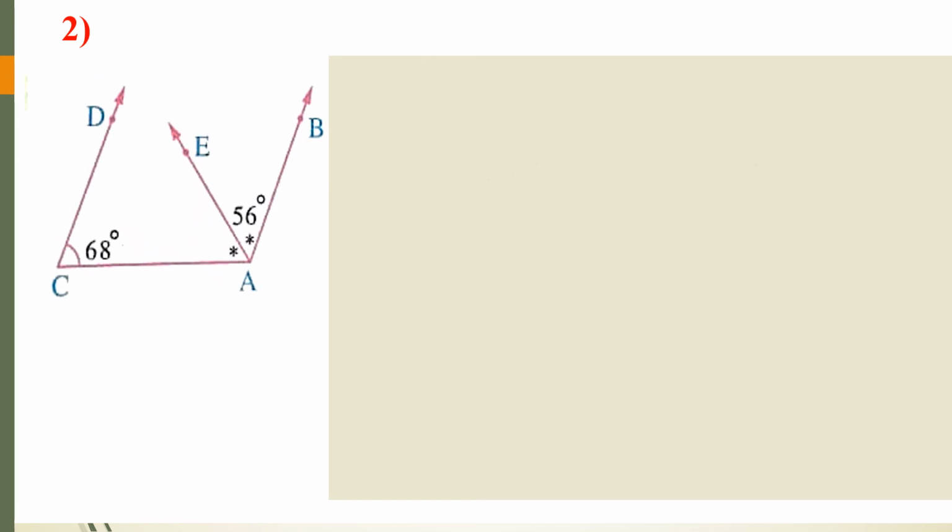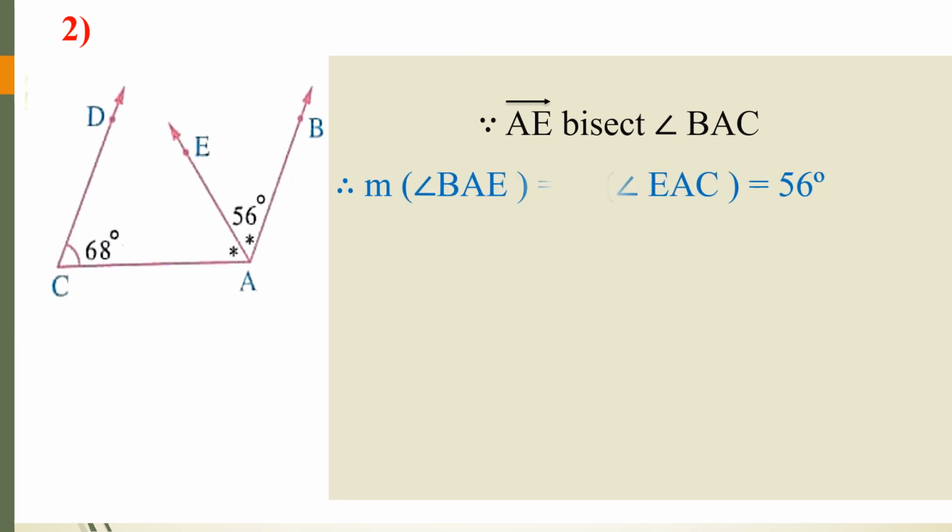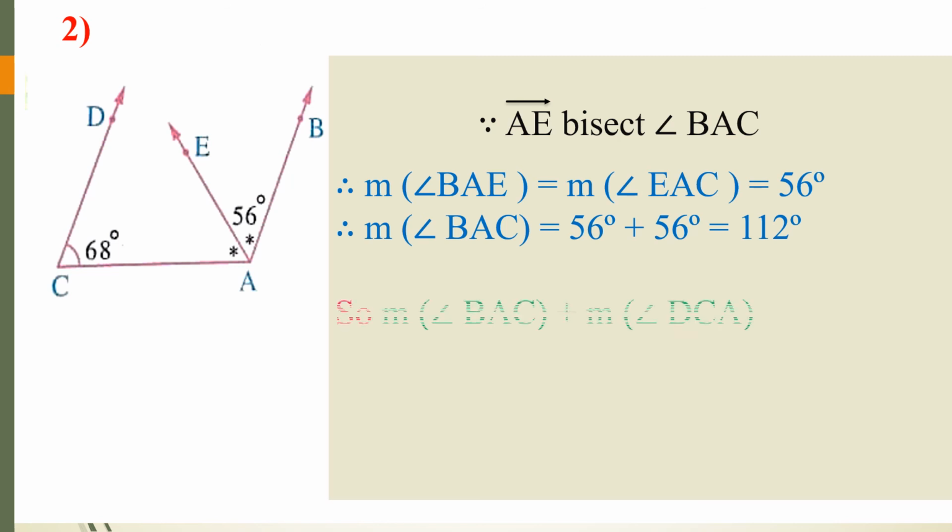Exercise number 2 here. Since AE bisects the angle BAC, then the measure of angle BAE equals the measure of angle EAC, which equals 56 degrees. Now the measure of angle BAC, the whole angle, equals 56 plus 56, which equals 112 degrees.